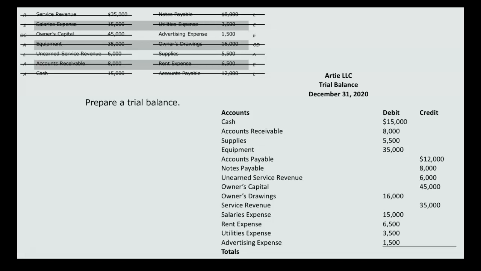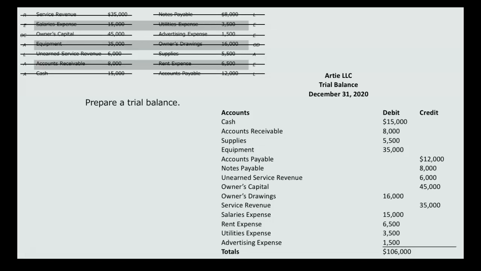So step 2 is to add up our debit column and our credit column. So if you add up all of your debits and all of your credits, we'll see that our debits add up to $106,000.